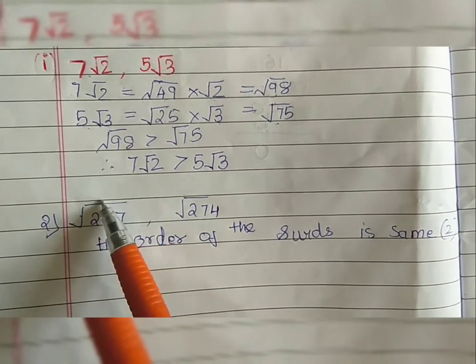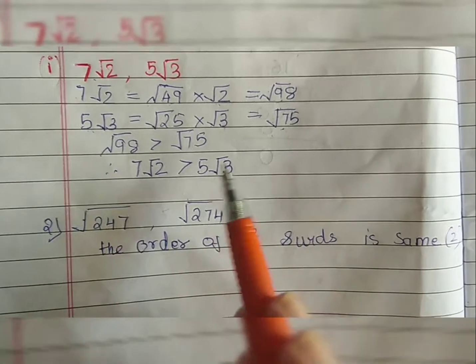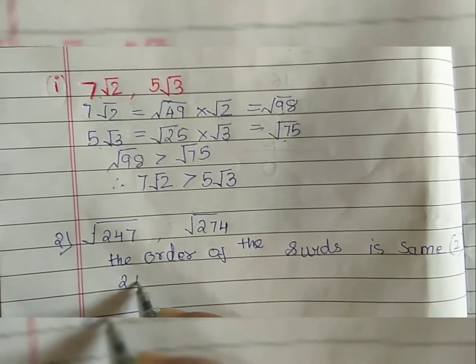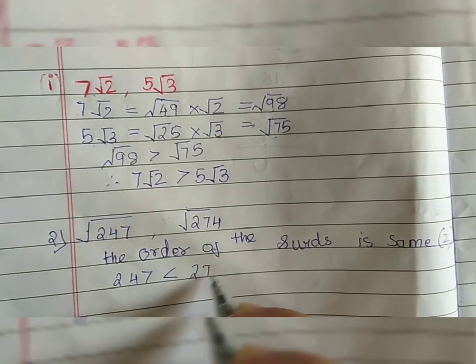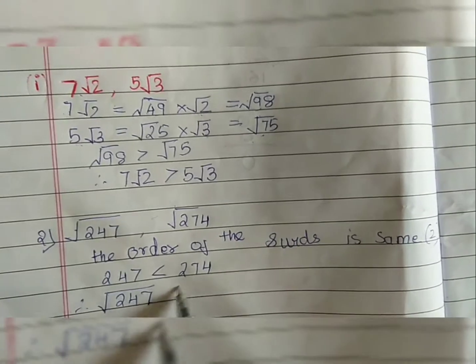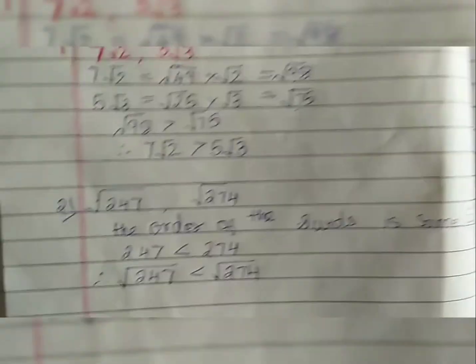So there is no need to simplify further. You can easily compare the given surds. Here 247 is smaller than 274. Therefore the square root of 247 is smaller than the root of 274.